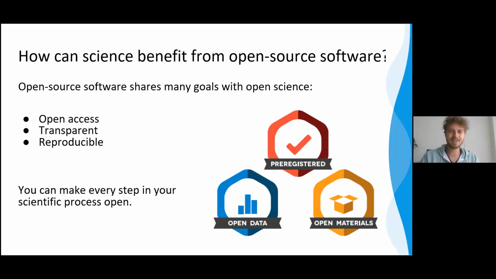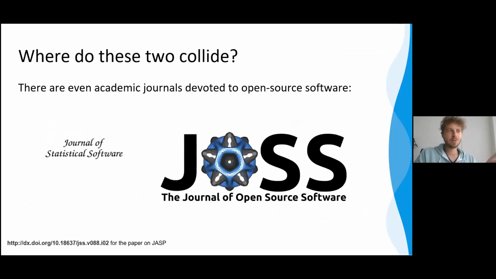And open source software is the vehicle that allows you to perform these open science practices. So in order to illustrate its prevalence and maybe to inspire you to read up on some open source software yourself, there are some open source journals, these are two that I just found as well. The Journal of Statistical Software is a highly respected and very nice journal.